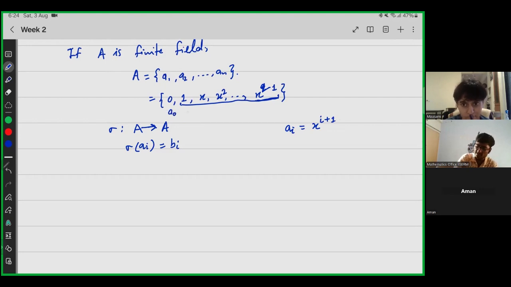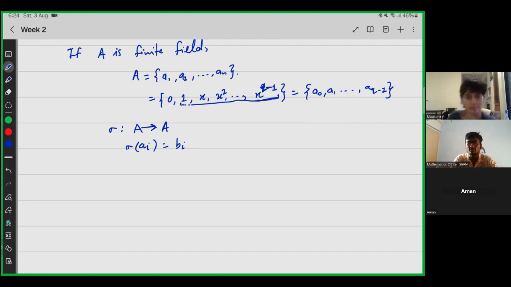So this collection is a_0, a_1, and so on, up to a_{q-1}. Write this collection as a_0, a_1, ..., a_{q-1}, using the same notation so that we do not have confusion when writing this function. Sigma of a_i is b_i. The b_i can be the same also, but the a_i are distinct. This function can be multi-valued, not necessarily one.